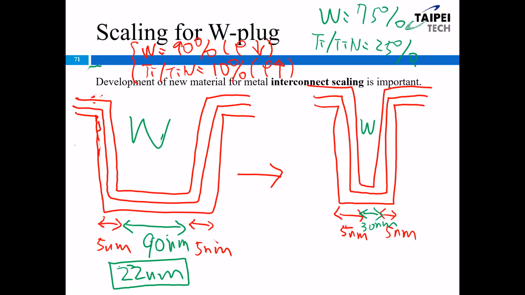But when we want to scale down, nowadays the metal line pitch is 40 nanometer, so the tungsten only occupies 75%, okay? Because you cannot scale down the Ti and TiN. I think this is the minimum thickness for the Ti and TiN.